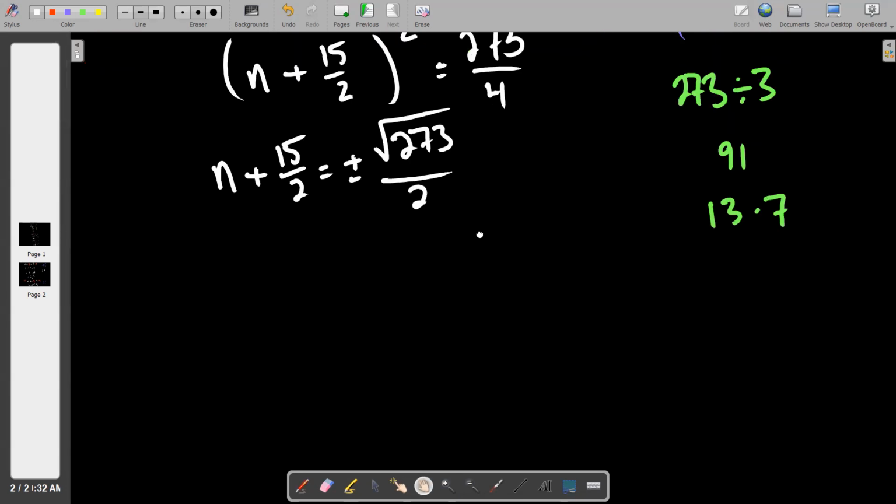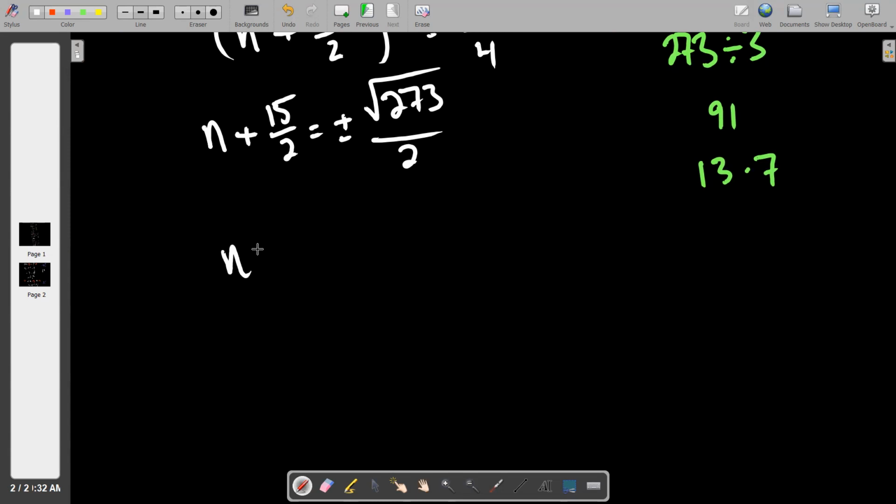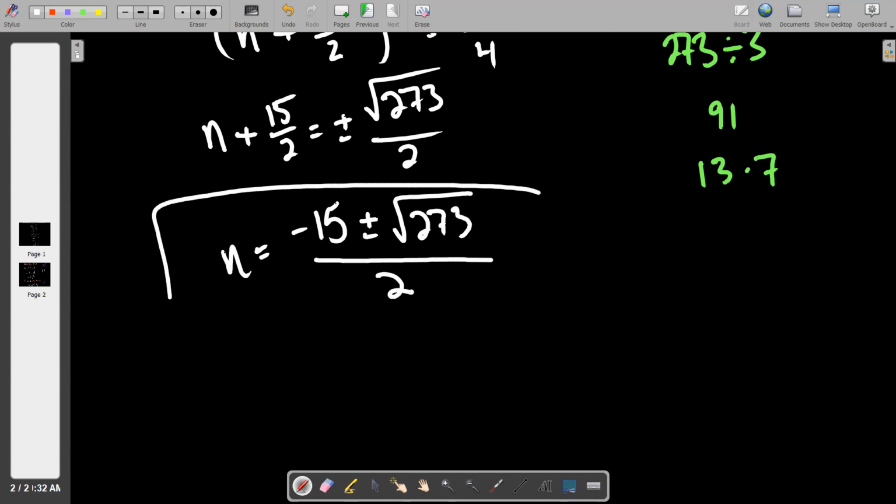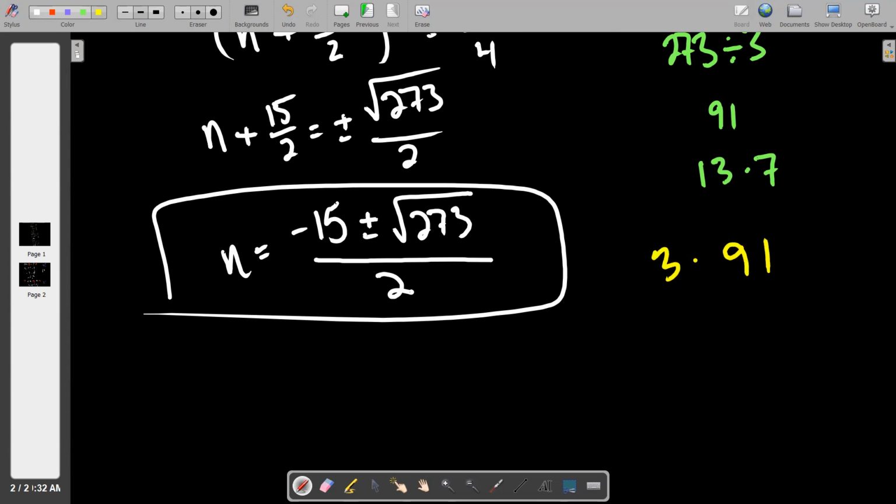Let's migrate the 15 halves to the other side, giving us n equals what? Negative 15 all over 2. Bam. Just like that. Did I miss anything with 273? I believe that would be correct if I said his only factors are 3 and 91, or 7 times, what is that? Yeah, no, he has no other useful factors.